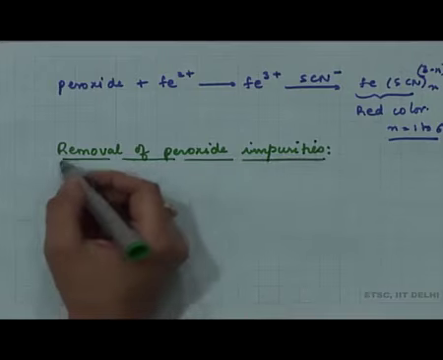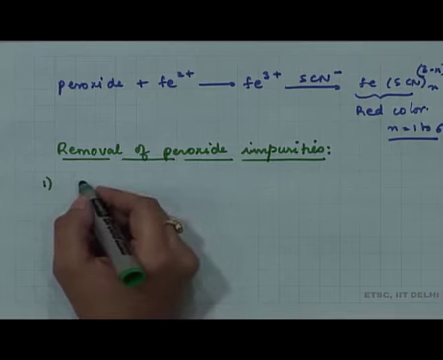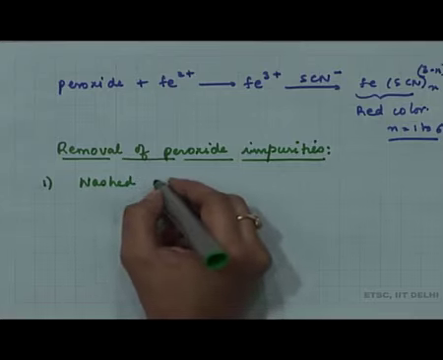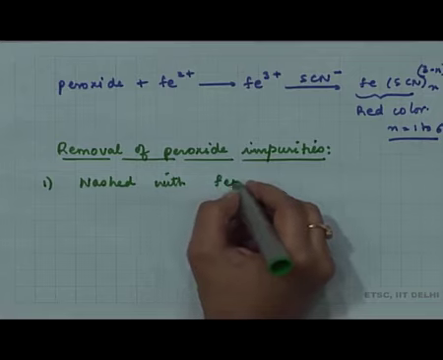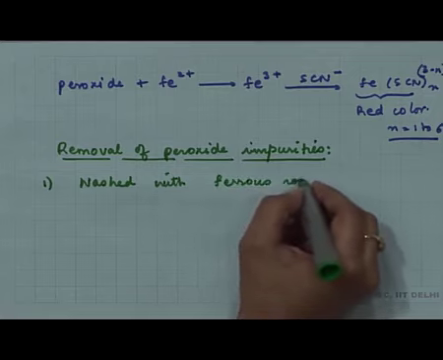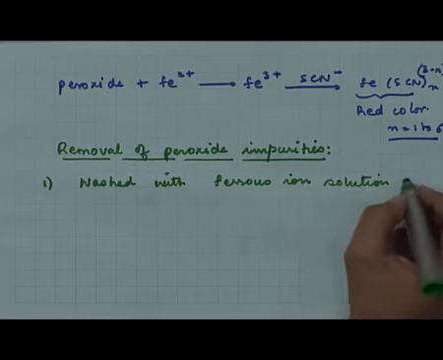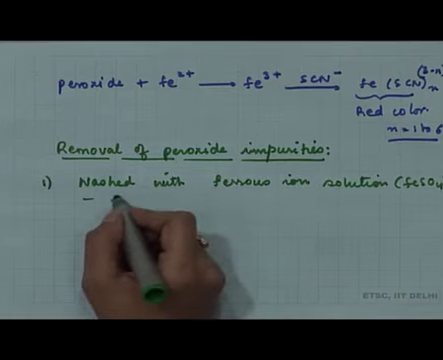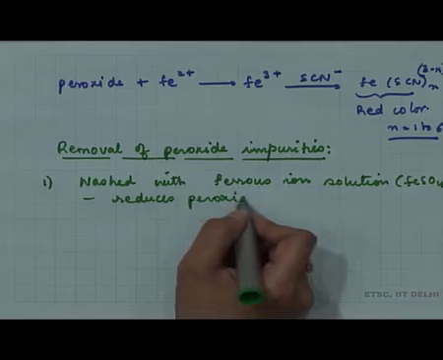So, once you have seen that it contains impurities, one way is that the ether can be washed or shaken with ferrous ions. You wash ether with ferrous ion solution. The ferrous ion solution could be a solution of ferrous sulphate, and what it does is it reduces the peroxide. So, this is one of the ways of removing the peroxide impurities.